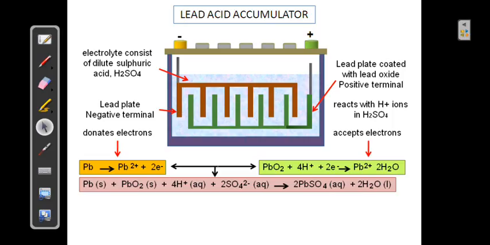There are 2 metals here, the lead coated positive terminal and the lead plate negative terminal, and plus 4 hydrogen, when H accepts the electrons, 4 of them in aqueous, plus 2 SO4 2 negatives in aqueous, will yield the 2 PbSO4 aqueous and 2 H2O liquid.